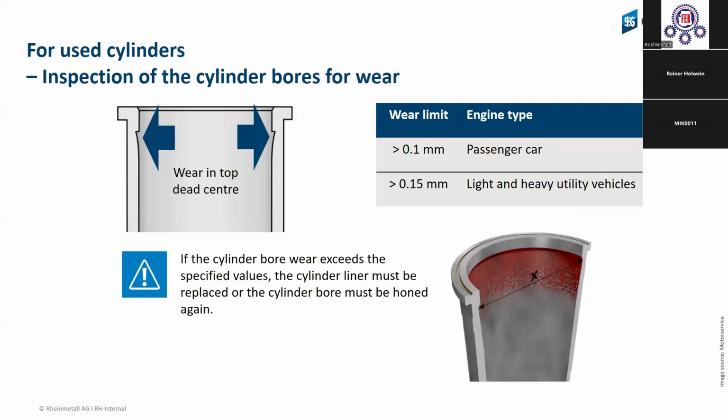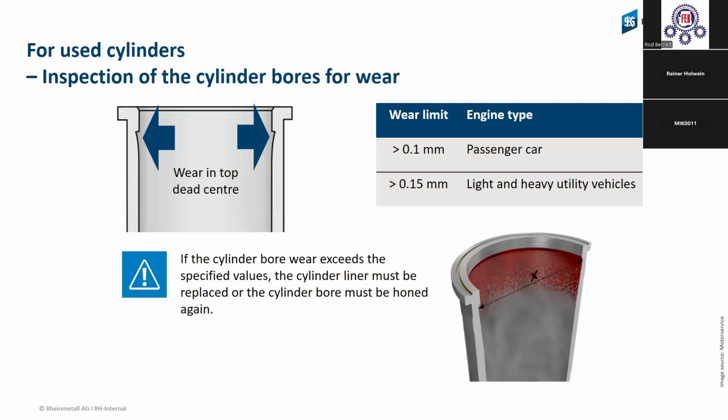Then the piston rings have direct contact, metal to metal, on the surface of the cylinder bore. And exactly in this position, we have no oil between them.